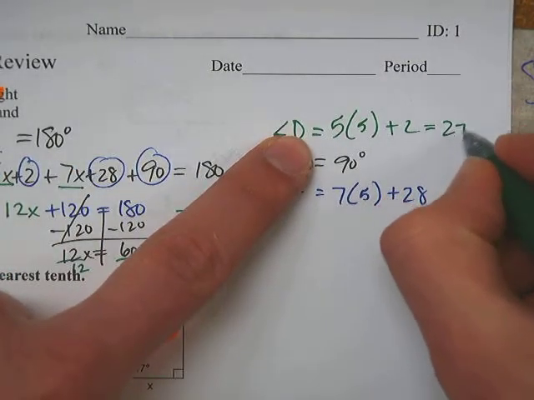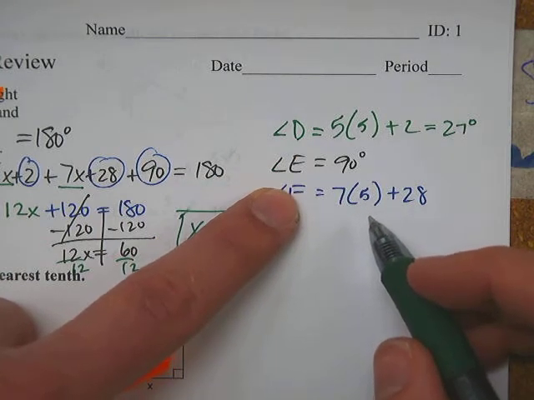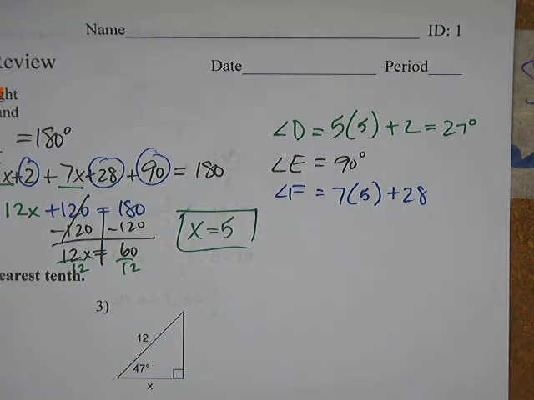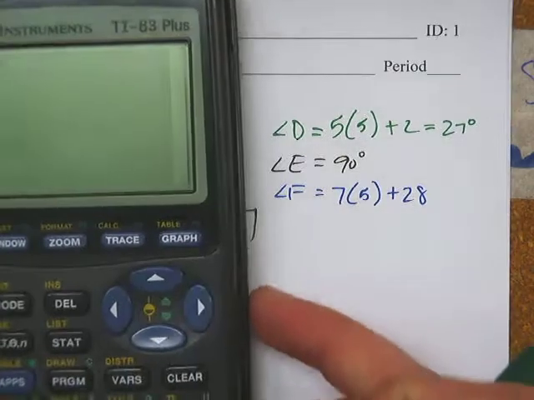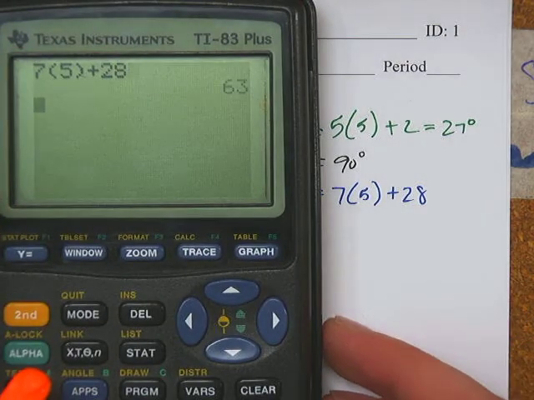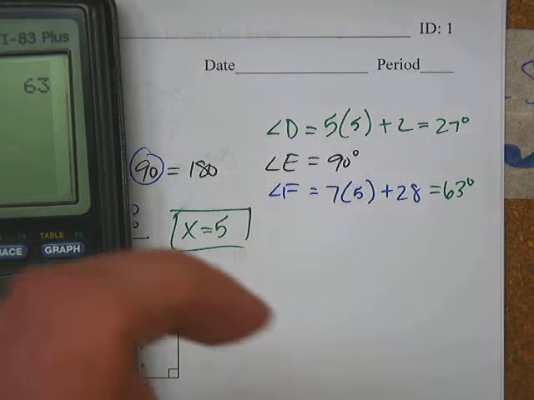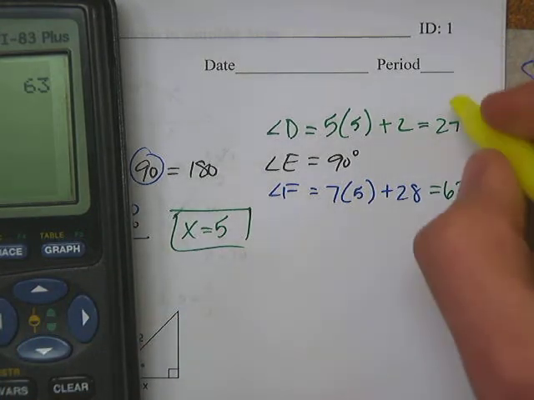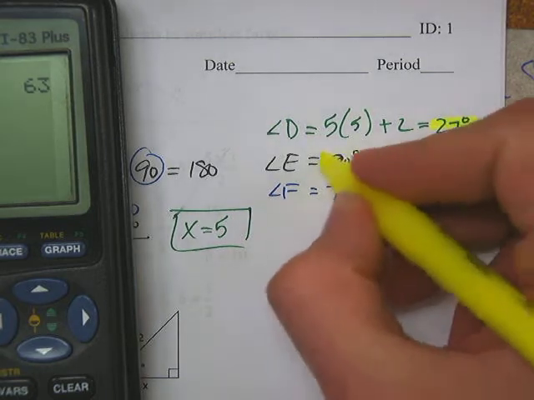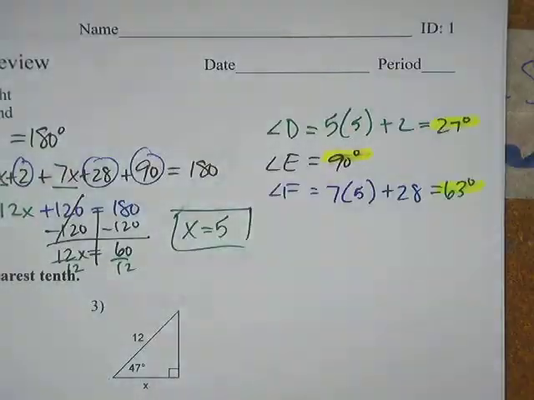Well, 5 times 5 is 25, plus 2 is 27. 7 times 5 is 35. 35 plus 28 is 63. And here are our answers: 27, 90, 63.